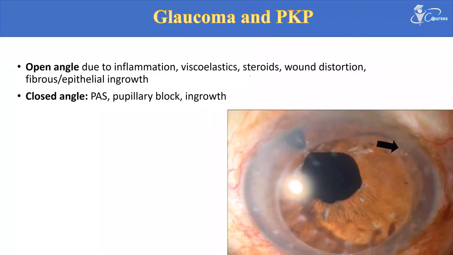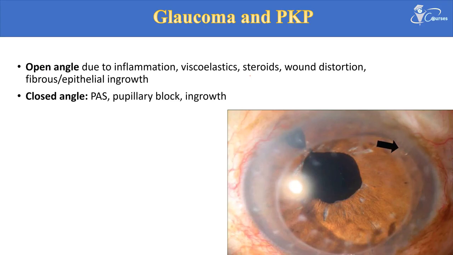Another case of glaucoma is occurring after PKP or penetrating keratoplasty. We mentioned before that penetrating keratoplasty carries the highest risk of complications among all keratoplastic procedures. Why? Because we open the eye.